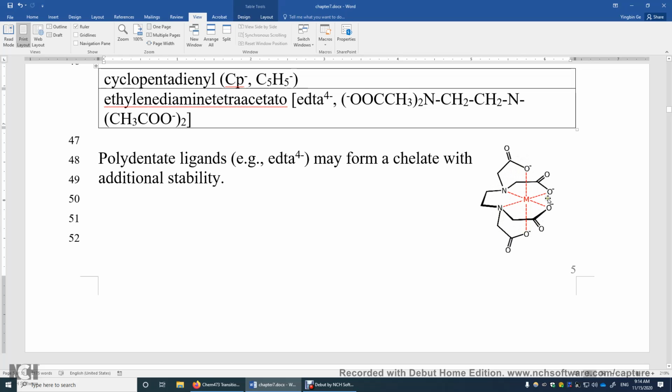So the same ligand may form multiple bonds with the transition metal, and the additional stability, naively you would say, comes from the 6 bonds. But really, it's due to the entropic effect, the entropic effect of the formation of the chelate structure. We will get back to the chelate effect or entropy effect a bit later near the end of this chapter.